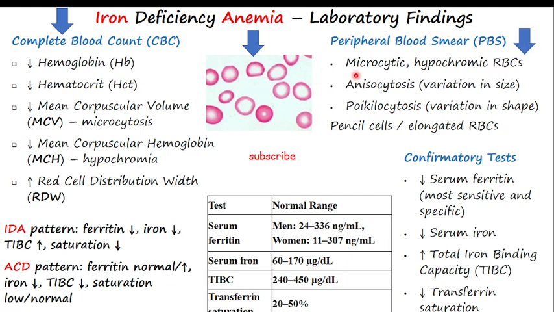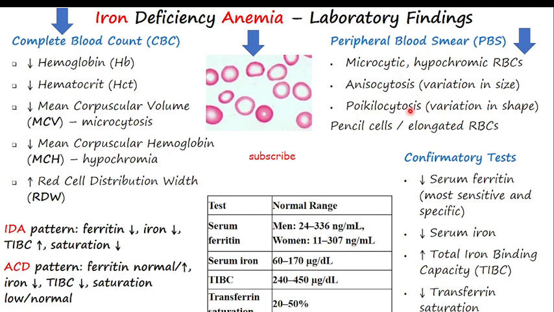On the peripheral blood smear findings, as I told you, you will have microcytic, hypochromic RBCs. Anisocytosis is variation in size. You see this one is small, this one is big, this one is normal, meaning there is a garden-path appearance, where each RBC varies in size.